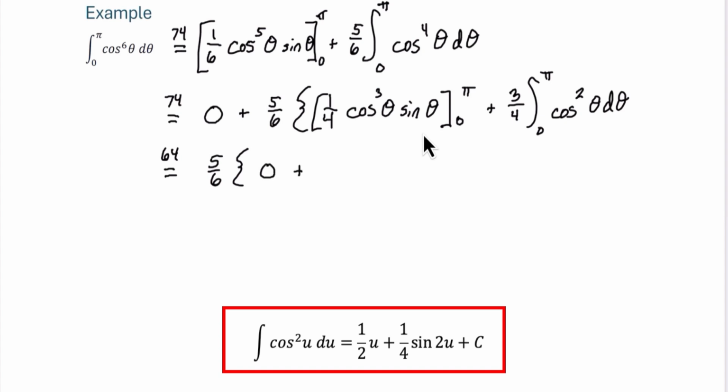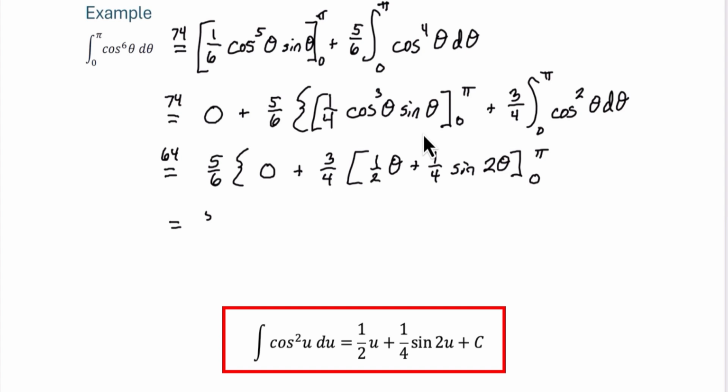So we have 0 plus 3/4, and now we'll use this rule to evaluate this limit. We have 1/2 u, which again is theta in our case, plus 1/4 sine of 2 theta. And we are evaluating from 0 to pi.